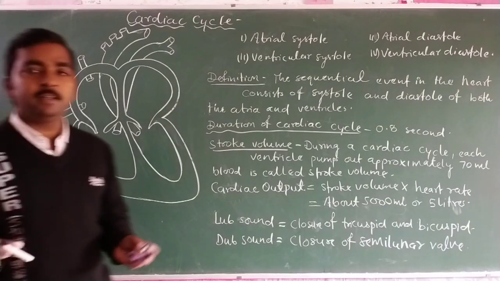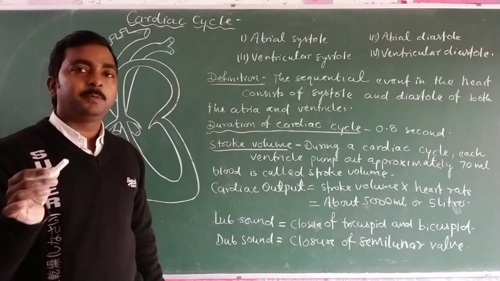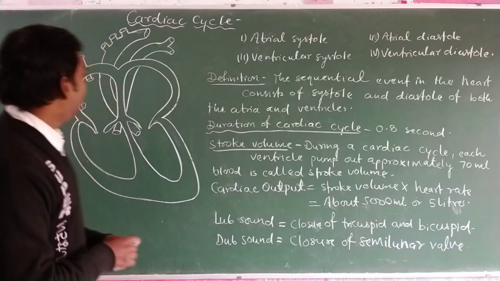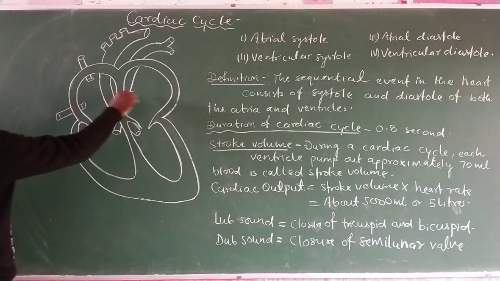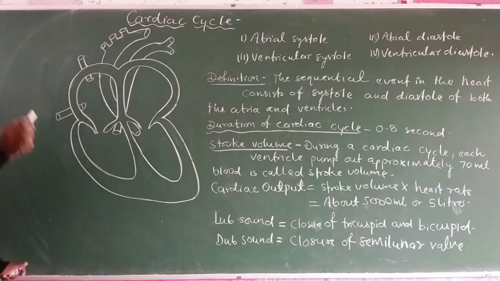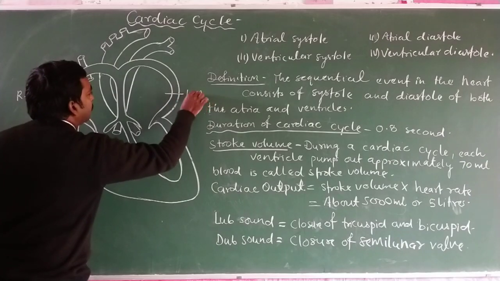This cycle starts with the event of both atria relaxing. The cardiac cycle starts when both atria are in a relaxed form. This is the right atrium and this is the left atrium.